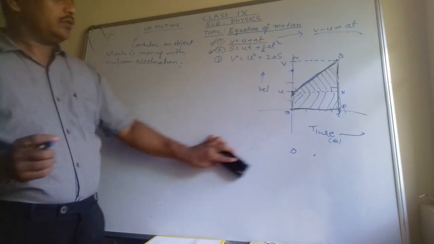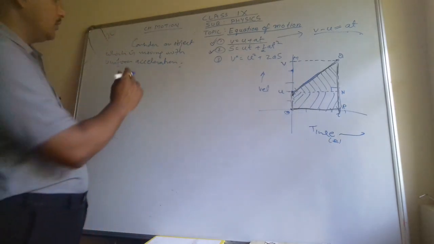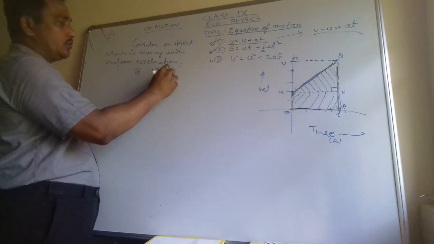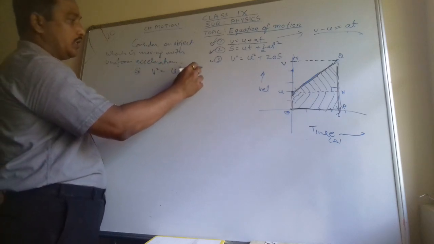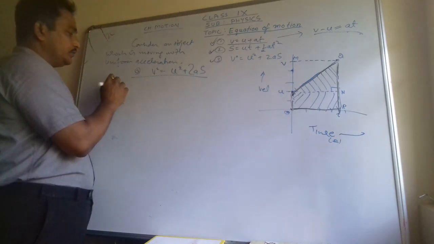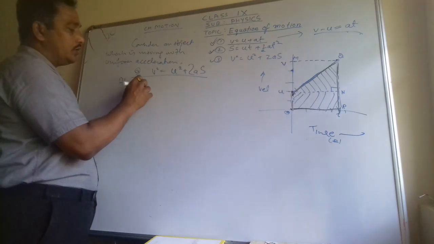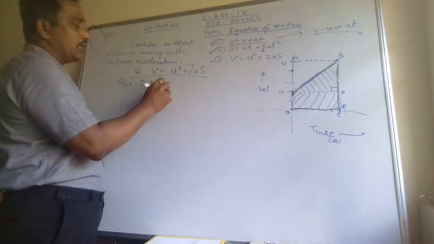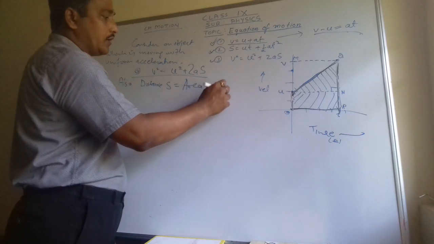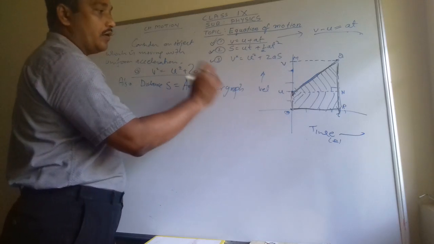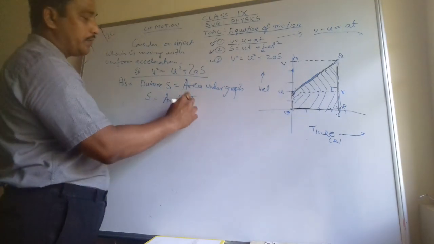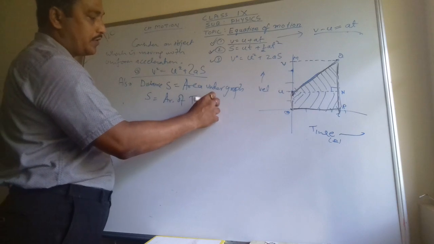Now for deriving the third equation, that is v square is equal to u square plus 2as, how can it be derived? Here also we write distance s is equal to area under the graph. How much is the area? It is equal to the area of the trapezium.